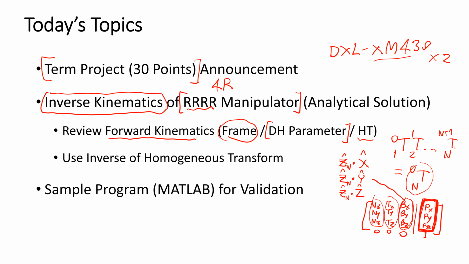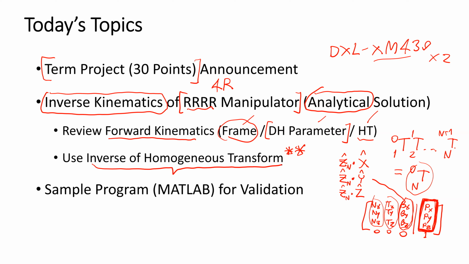We will review how to attach frames, how to obtain the DH parameters, how to compose the homogeneous transform, and derive the forward kinematics. And for the analytical method to obtain the inverse kinematics in today's class, we're going to use the inverse homogeneous transform.